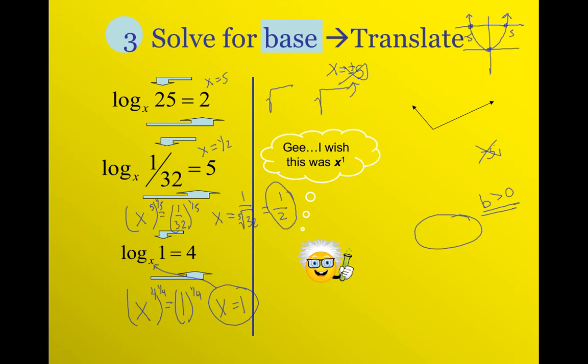We talked about how this isn't going to work, right? 1 to the 4th could be any number. 1 to the 3rd power could be 1. 1 to the 2nd power could be 1. It's not possible, right? So b cannot equal 1, so this has no solution. I'm going to say the empty set. None. It's not possible. Your base cannot be 1.